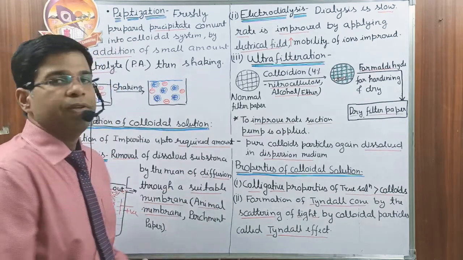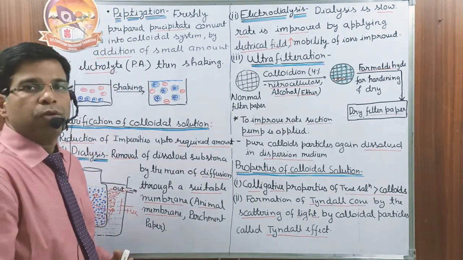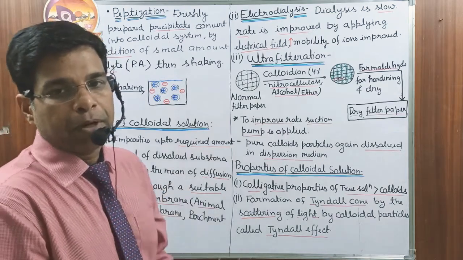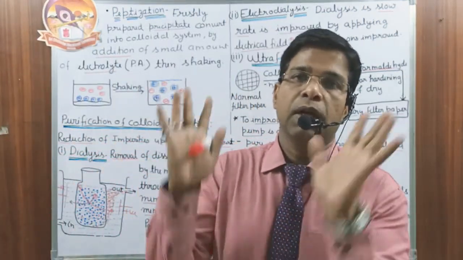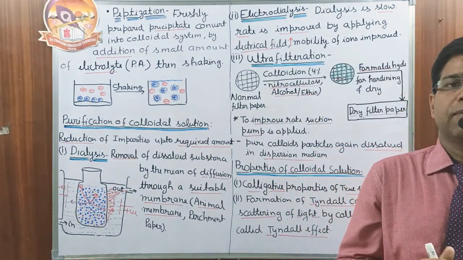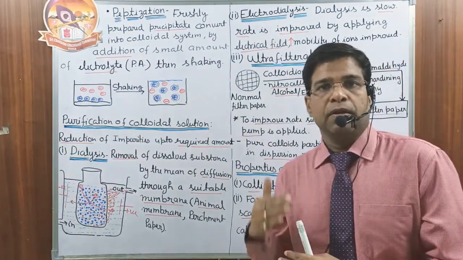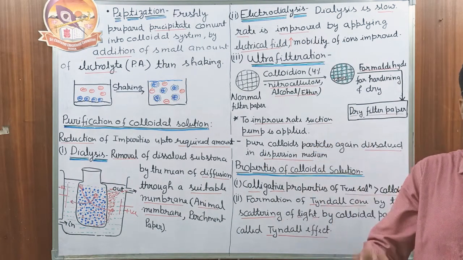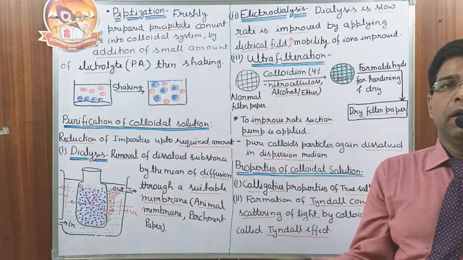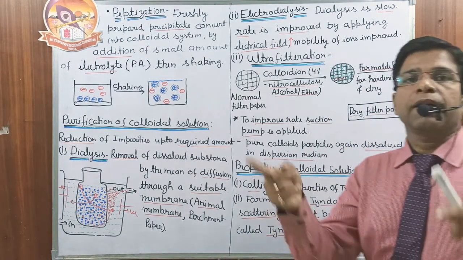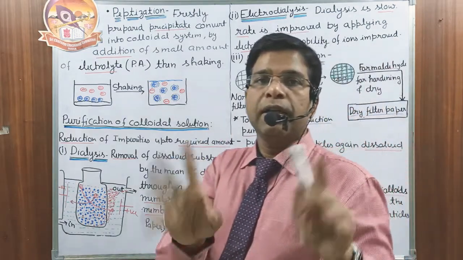After that, we have the properties of the colloidal solution. First property: for the same weight of the substance, if the substance is present in a true solution, the number of particles is very high, and if the same substance is present in a colloidal solution, the number of particles is very low.